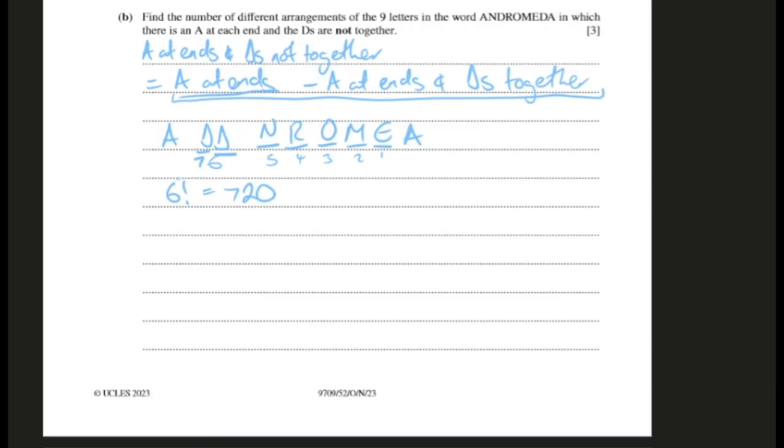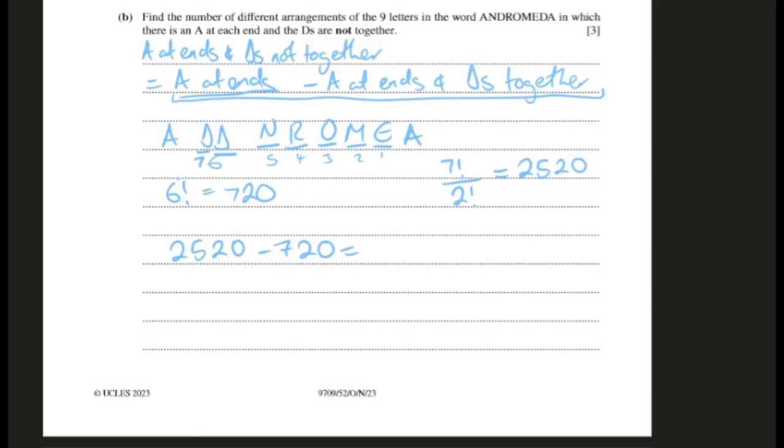So 7 factorial over 2 factorial is 2520. So going back to our expression, that will be 2520 minus 720, which gives us 1800, and this would be our final answer, 1800.